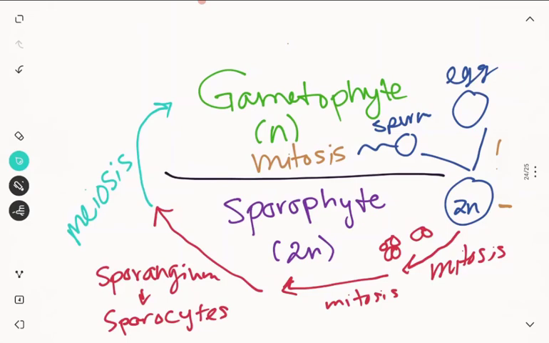So meiosis, remember, reduces our diploid chromosome number into haploid cells. So sporocytes go through meiosis to produce haploid spores.